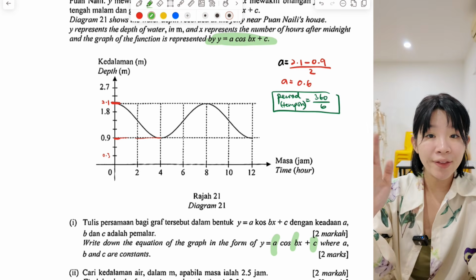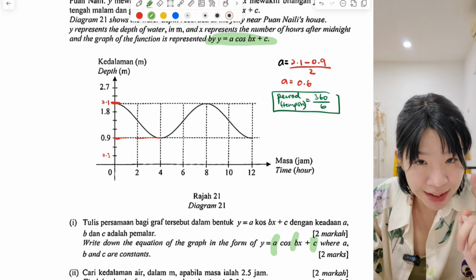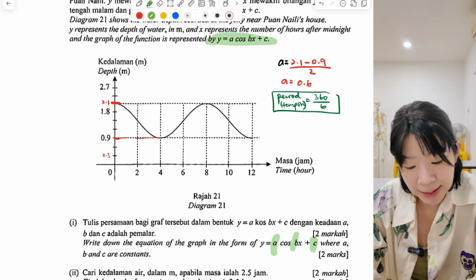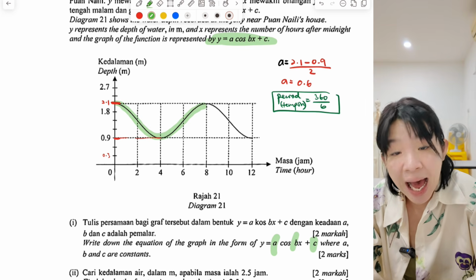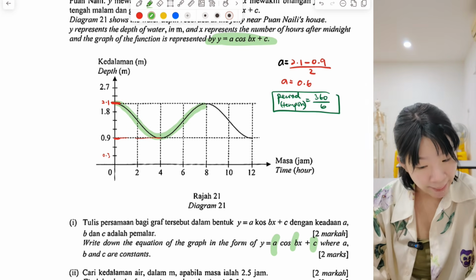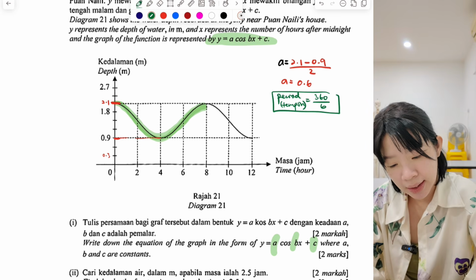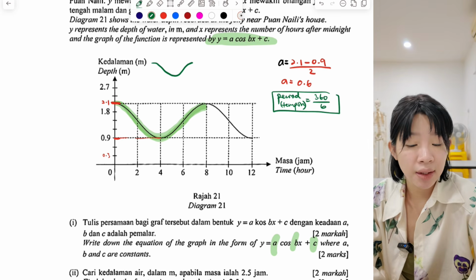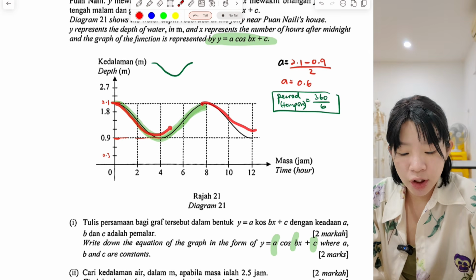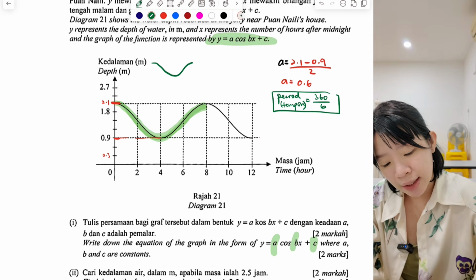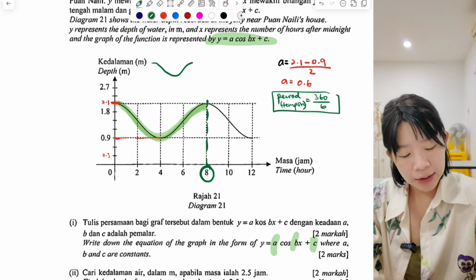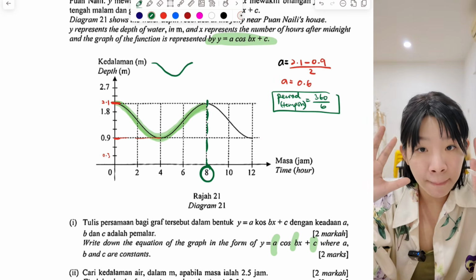Period means one cycle. For the cos graph, what is the shape of one cycle? We always say it is a U-shape, like an underwear shape. Remember, this is considered one cycle, not the whole thing. This is actually 1.5 cycles already. So one cycle is how much? 8. So we say 8 is the period.